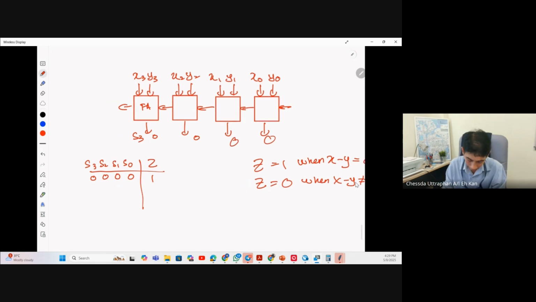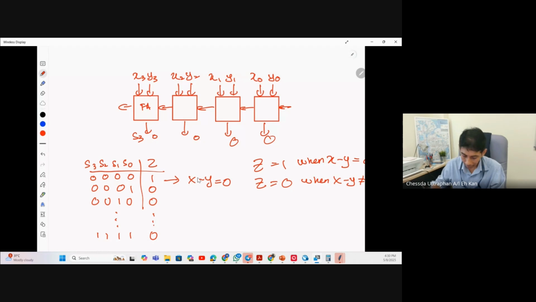Meaning that for 0,0,0,1 Z equal to 0, for 0,0,1,0 Z equal to 0, any other numbers from 0,0,0,1 to 1,1,1,1, Z should always be equal to 0. Meaning that Z equal to 1 only if all S here equal to 0, stating that x minus y equal to 0. That's it. And this is easy. What is this gate? Of course, this is a NOR gate, right? NOR gate.